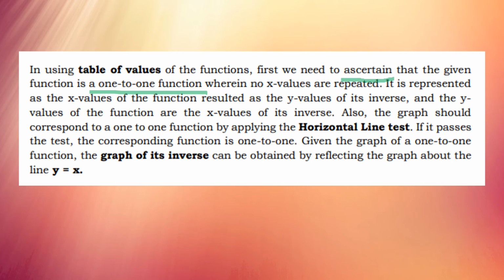It is represented as the x values of the function resulted as the y values of its inverse. So, again, applying the horizontal line test. So, the graph of its inverse can be obtained by reflecting the graph about the line y equals x. So, yung graph niya is just a reflection na which is symmetric dun sa line y equals x.